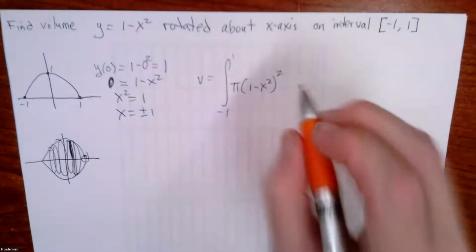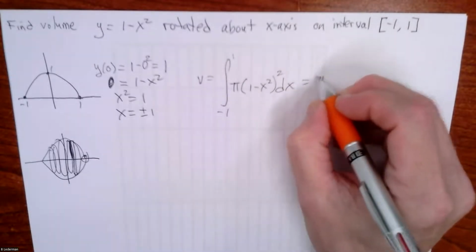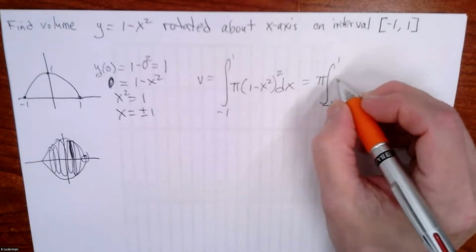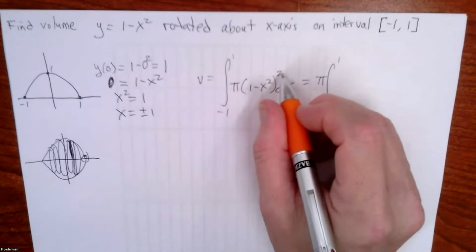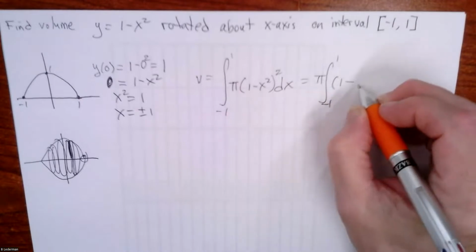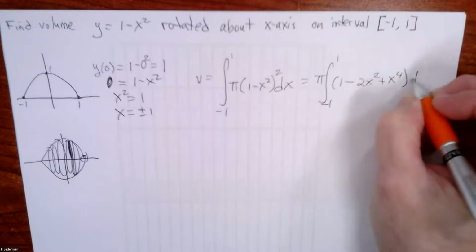But it's r squared, so I'm squaring it, and that's dx. And this is equal to pi times the integral from -1 to +1 of, now what I'm going to do is FOIL this out. I'm going to square this, FOIL it out. So this is going to become 1 minus 2x squared plus x to the 4th dx.